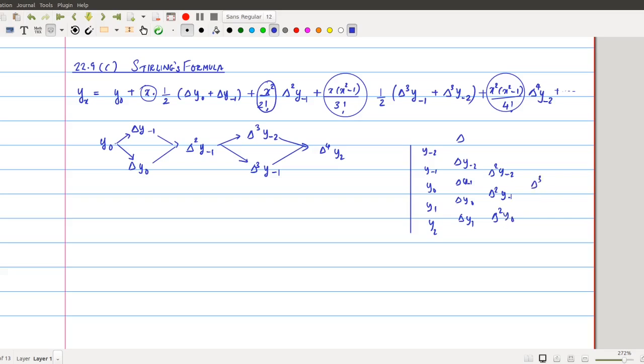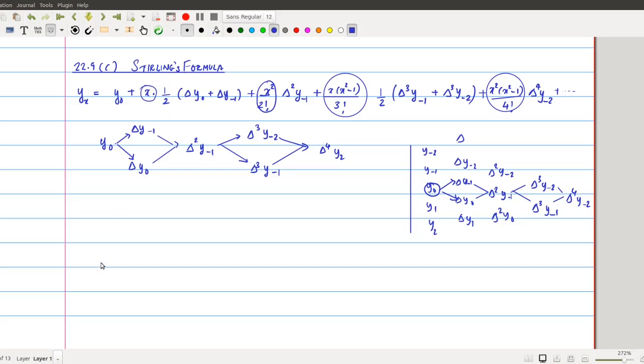From this you can get delta cube y minus 2, delta cube y minus 1, and finally we have delta raised to 4 y minus 2. So this is the table. From this table we first choose this value, then take the averages of these two numbers, then take this value, and take the averages of these two numbers, then take this. This is the way to remember the terms in this formula along with these coefficients. So please try to remember this formula, otherwise you cannot perform the problem.